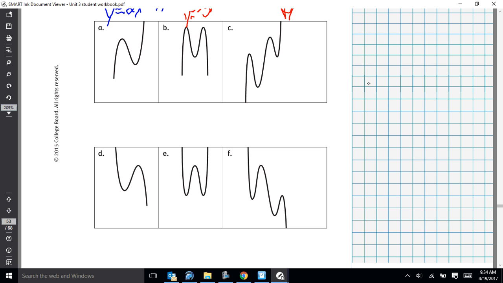So D here, which did you choose? Right. As we're moving from left to right, we're going to negative infinity, so our leading coefficient is negative. And so we have a total possible of 3 possible roots. So this would be y equals the negative 2x. What about E?